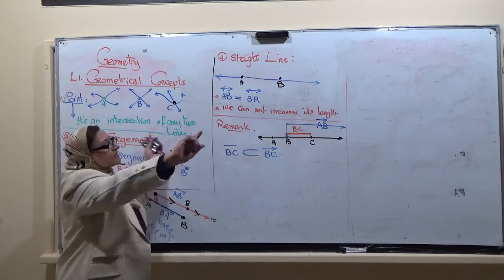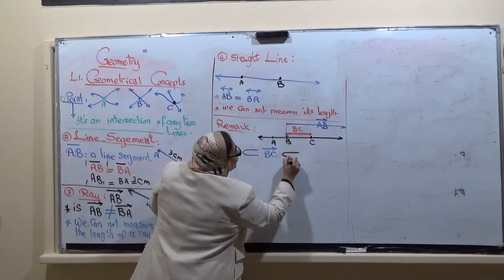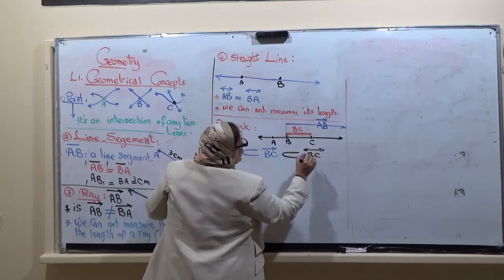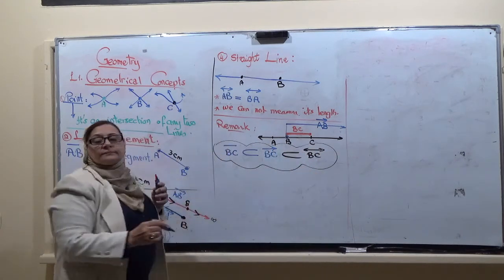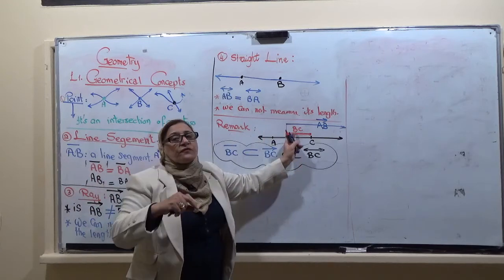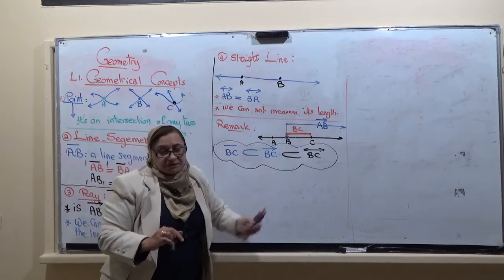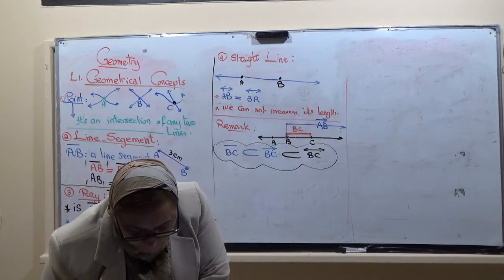What about the straight line, the black one? The BC ray is a subset of the whole line, the BC straight line. This is very important. The line segment is a part of the ray, and the ray is a part of the straight line with the same letters. This is an important note I want to tell you.